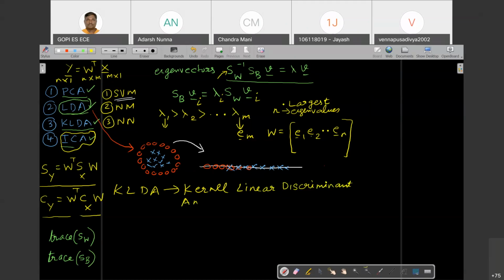In this case, what we really do is the task of LDA after projecting the vectors to a higher dimension, right? I think I told this during the regression problem, the kernel trick using the regression problem, right?